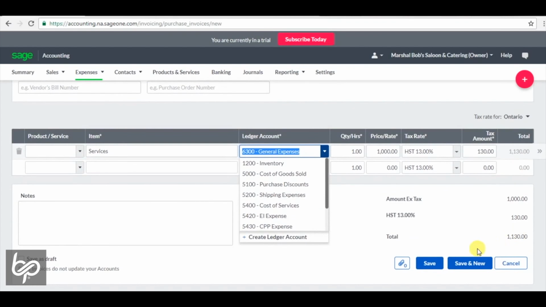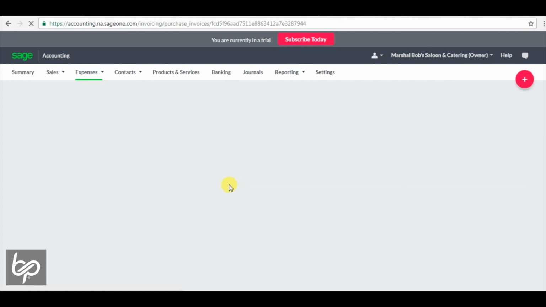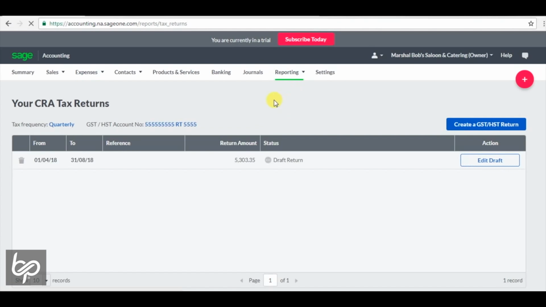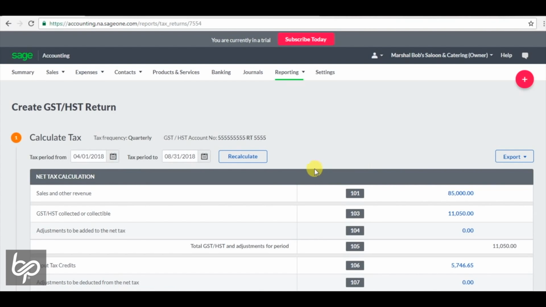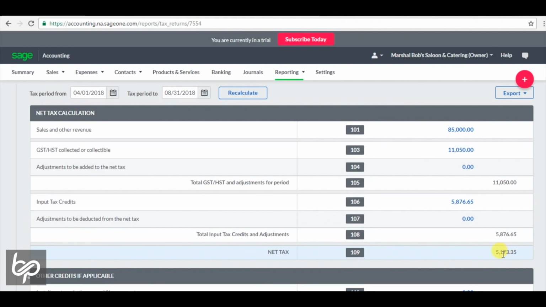And when we save that, and we look at our tax return, again, that $130 has been paid in trade, not in Canadian dollars. We just dropped back down because the input tax credits went up. We're back down to the $5,173.35.